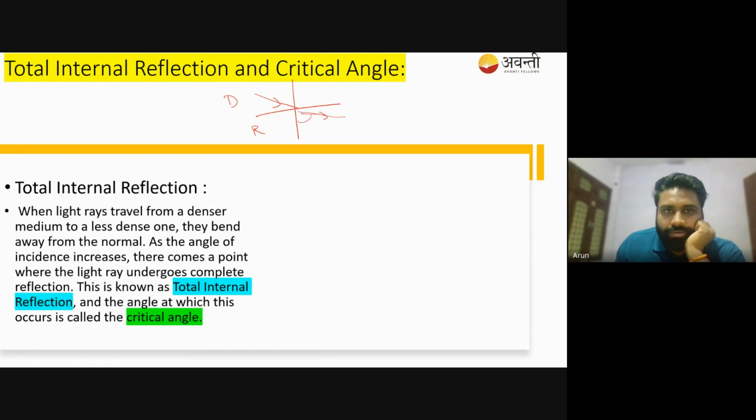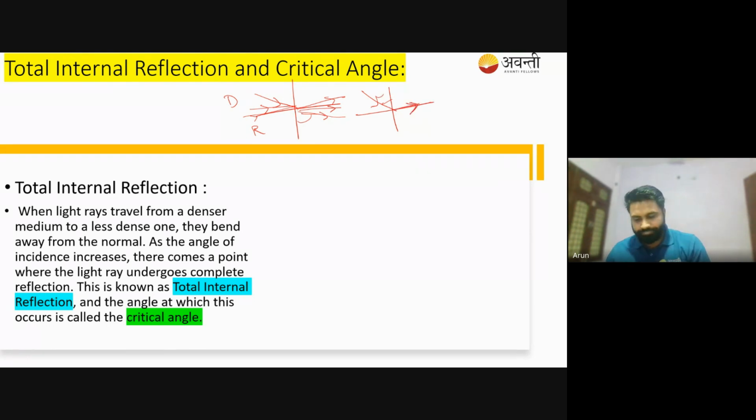When you continuously increase this angle, it moves further away. So there is a particular angle for which the ray does not enter into the medium. That angle, for which the ray grazes on the boundary of the two media, or travels along the interface of the two media, is called the critical angle.